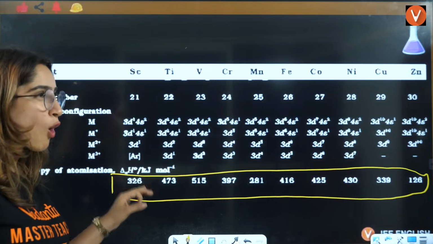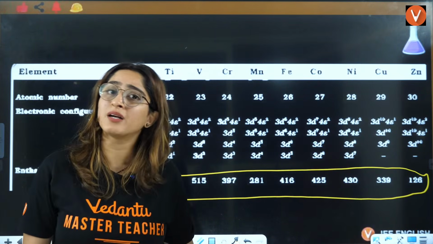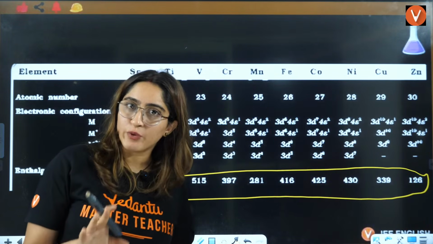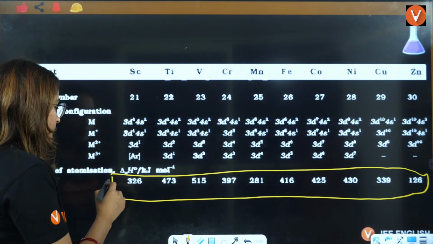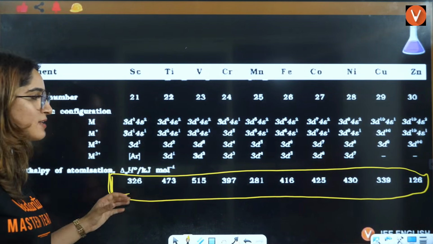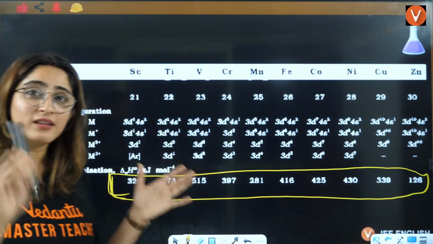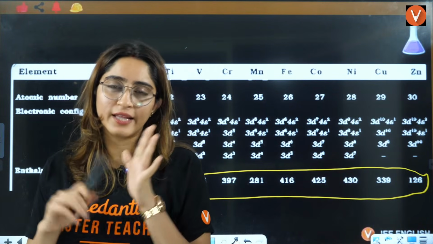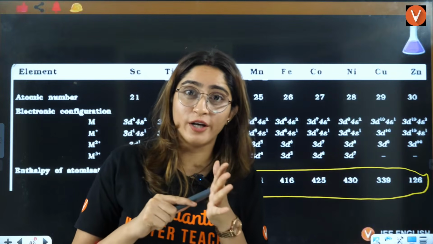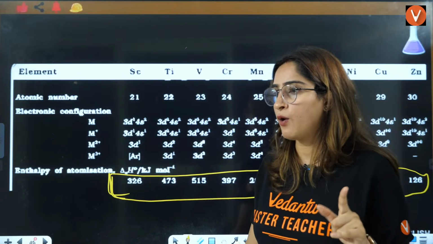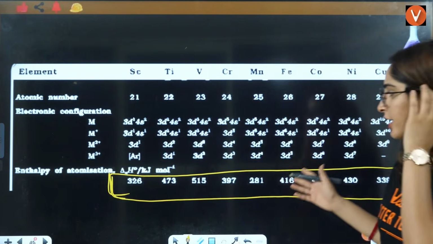This order, earlier we didn't used to learn, but now we have to learn this as well. It's a very weird order, but I would advise you, this is given in your NCERT table. In the comment section, every single student here, write down the order of 3D series enthalpy of atomization. You can take a screenshot here.